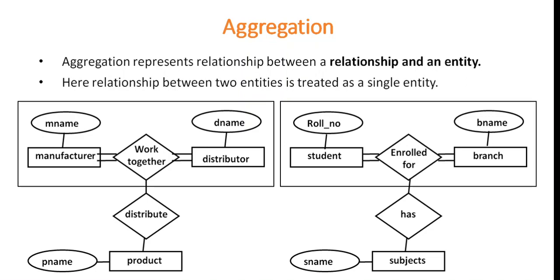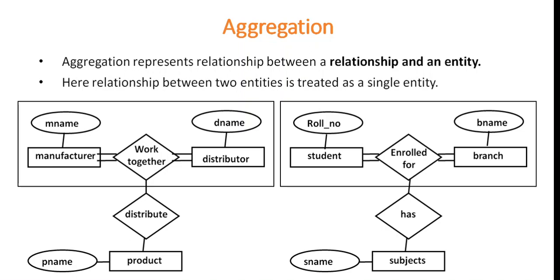Now we have combined the manufacturer and distributor relationship, work together, into one entity, and this relationship has a relationship with another entity, that is product. That is, manufacturer and distributor work together to distribute any product. So this is called aggregation.